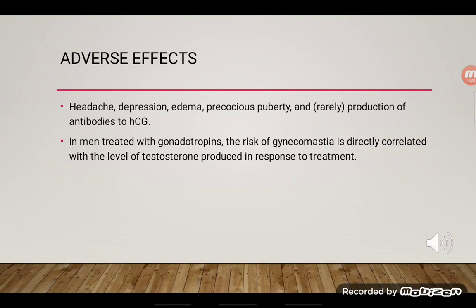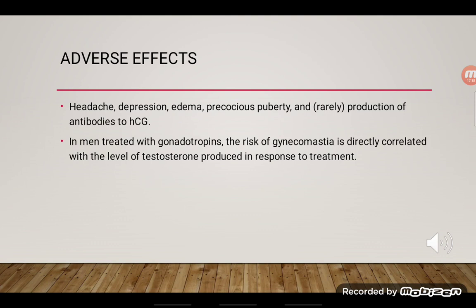You need to know that there are some available preparations of gonadotropins and testosterone. Also, there are some modifications that can be done to its structure to be able to be administered orally.